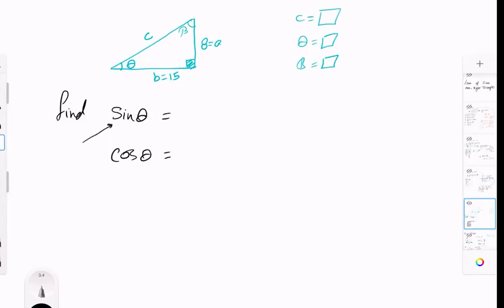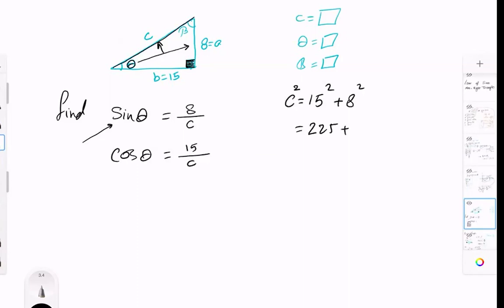So sine of theta, only on the right triangle, is opposite to theta, 8, over the hypotenuse, the longest side of the right triangle, over C. We don't have C, so you have to solve for C. And cosine of theta is adjacent, 15 over C. So we need to find C. Pythagorean theorem: C squared equals 15 squared plus 8 squared, which is 225 plus 64, giving us 289.